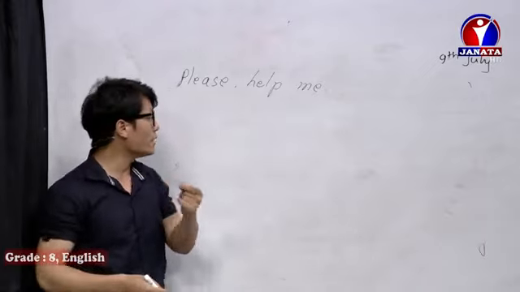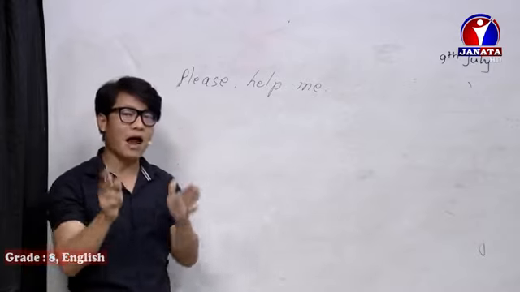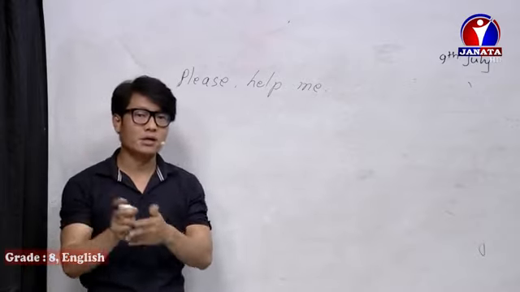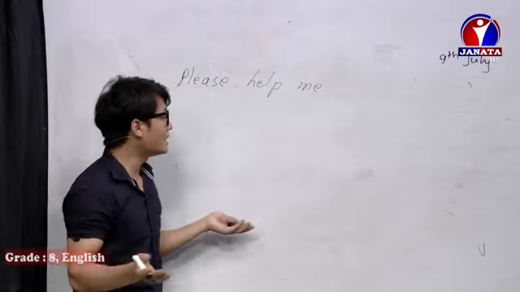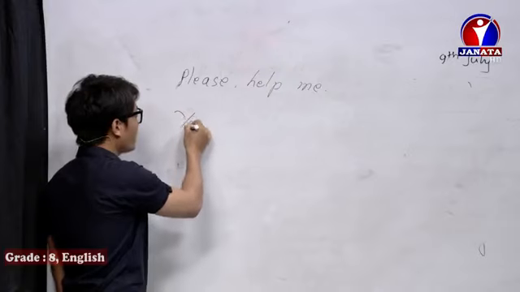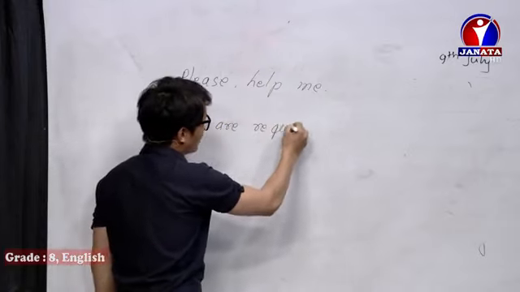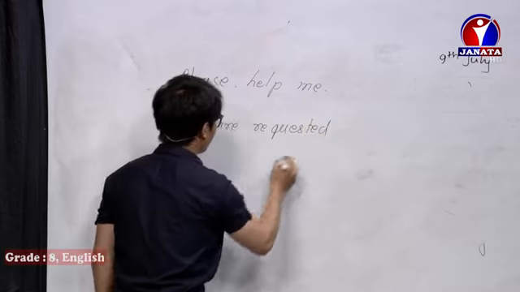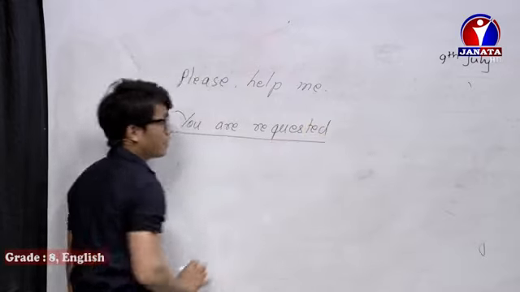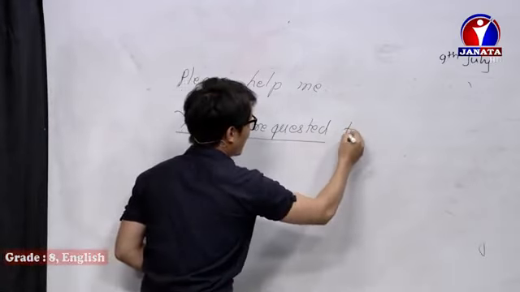I have told you that when there's a please or a kindly word in an imperative sentence, that means a request. So how do we change this sentence into passive voice? You need to write "You are requested." This is very important. You are requested, and do not forget to write "to."